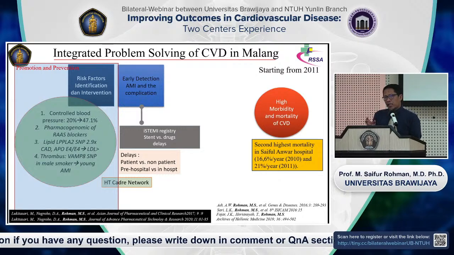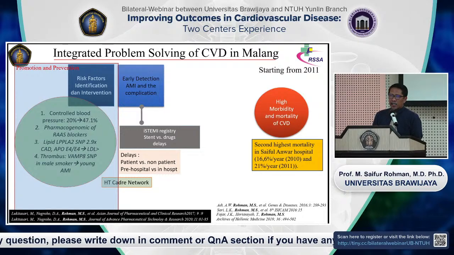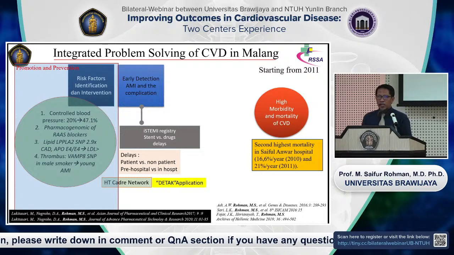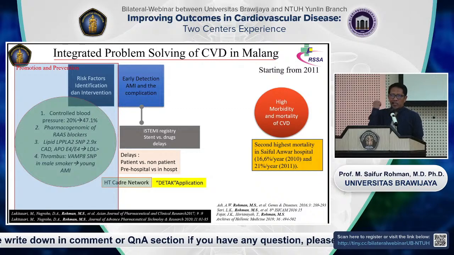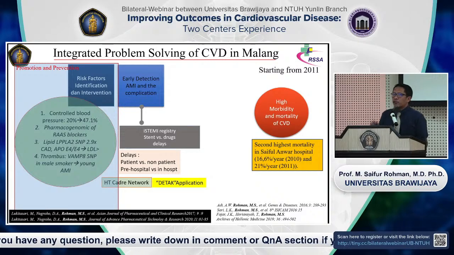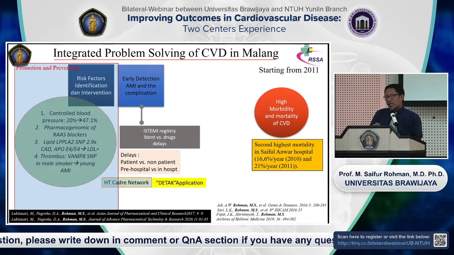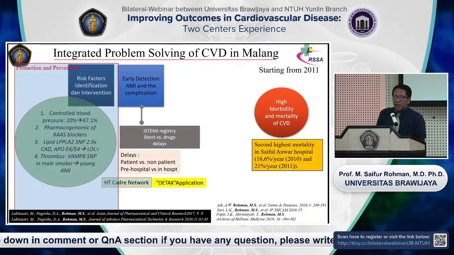We have many problems here because we don't have an EMS system. We have no dedicated ambulance for taking the patient from the peripheral hospital to our center. We also face the awareness of the patient, which takes almost 5 hours for the patient to come to our hospital, with even further delay caused by the first medical contact doctor.